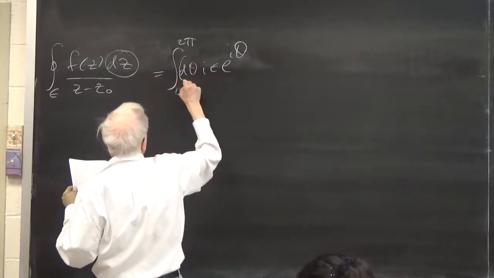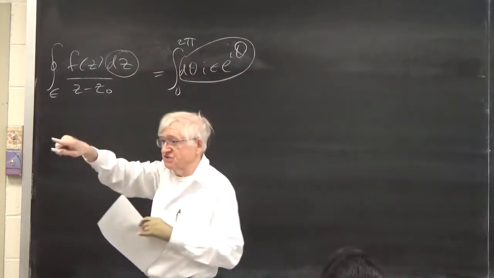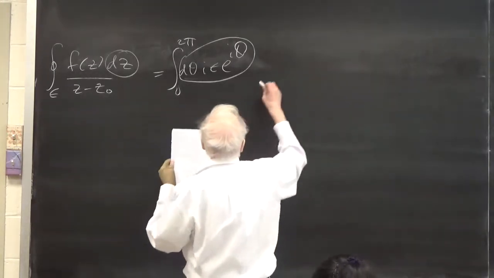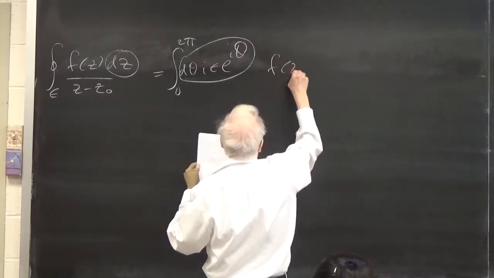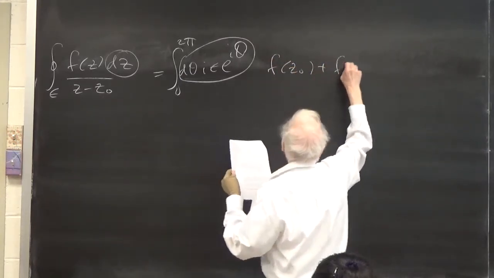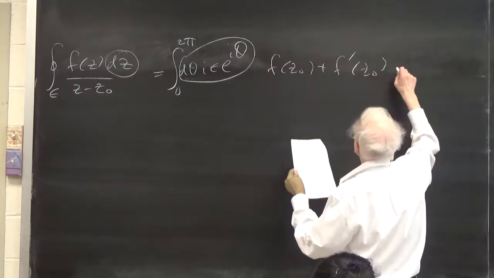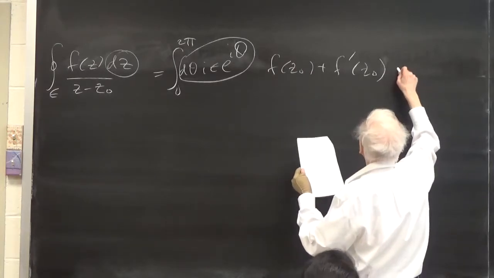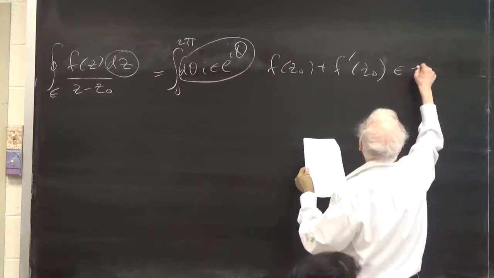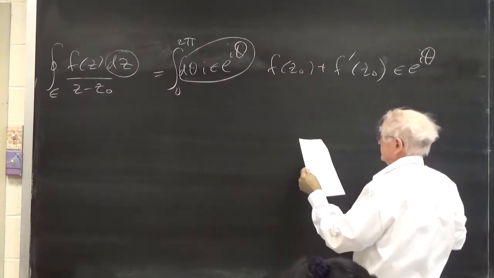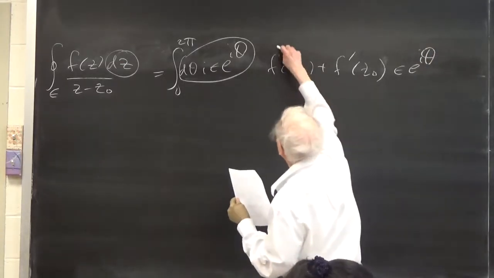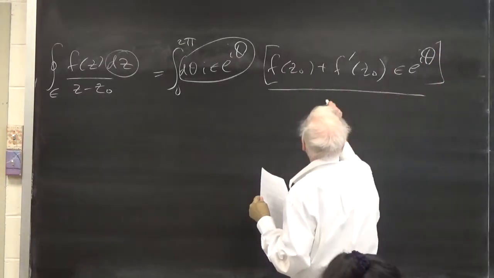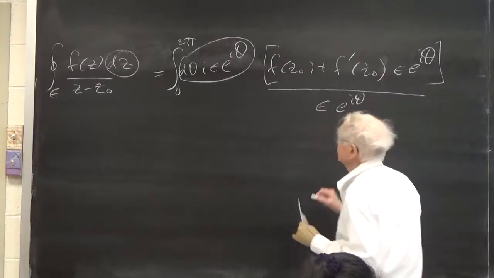This is that, just as it was over there. f of z, on the other hand, is going to be f of z0 plus f prime of z0 times z minus z0, and z minus z0 is going to be epsilon e to the i theta. And we're going to be dividing by epsilon e to the i theta.